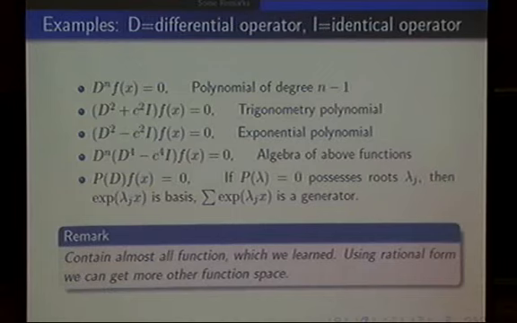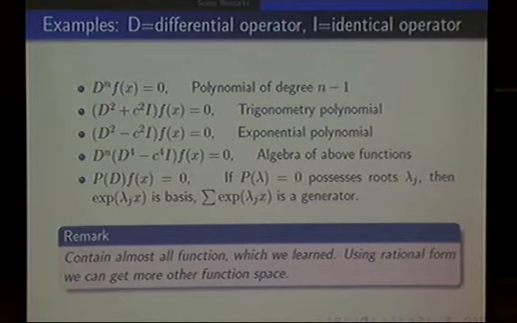Then we will investigate the linear ordinary differential equation. We can find that the solution space of this linear differential equation is polynomial, trigonometric polynomial, exponential polynomial, and they are more complicated: algebras of the above functions. This is a common ordinary differential equation.